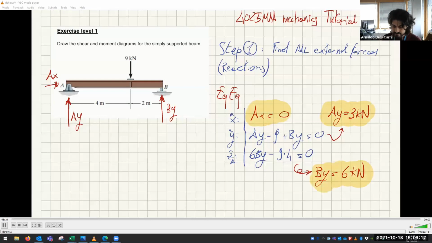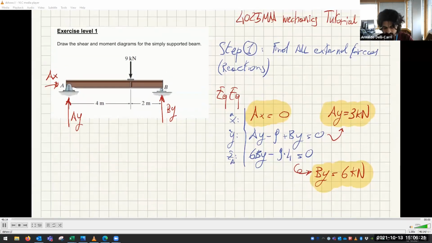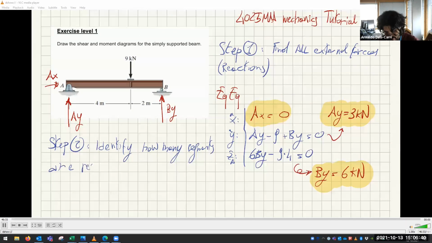Very important. And now that we know this, step two: identify how many segments are required and cut.